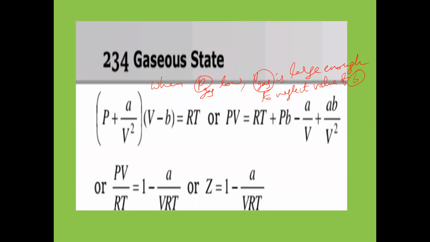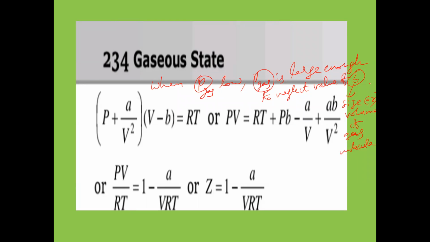So b value can be neglected. What is b? The size or volume of the gas molecule is given by b. b is the Van der Waals constant.